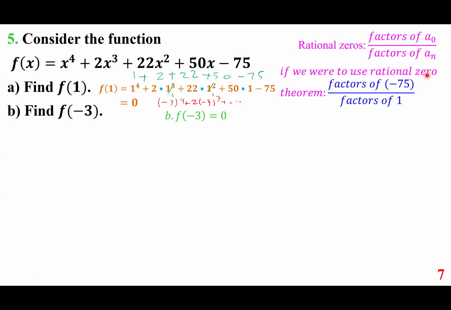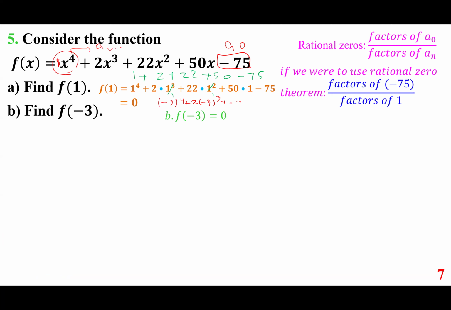What if we were to use rational zeros? What if they weren't given to us? Then we would have to write factors of negative 75 over factors of 1. Please understand, since this is a sub 0, this is number 1.